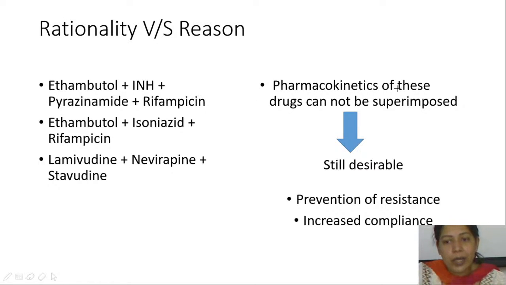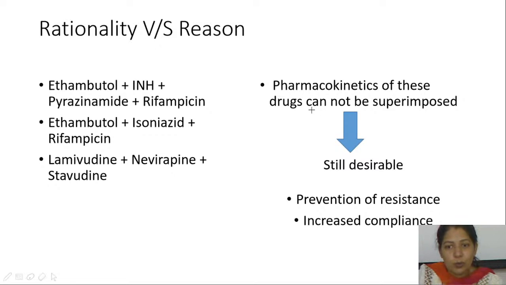Even if there are pharmacokinetic mismatches, like rifampicin is to be taken empty stomach, isoniazid is to be taken post meal. Some of these drugs would be once a day, some would be twice a day. So there is a mismatch here, pharmacokinetically speaking.